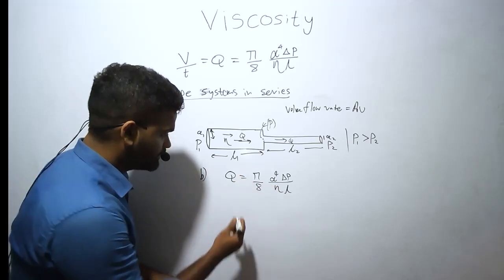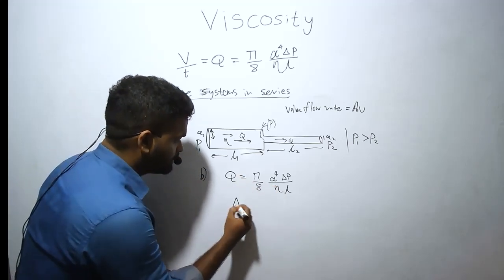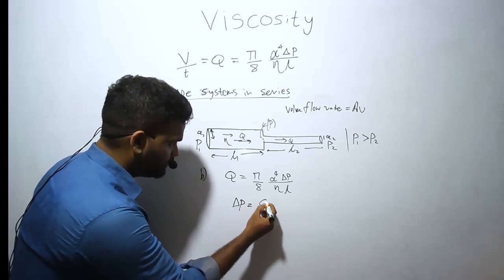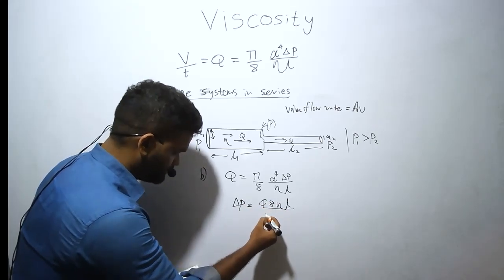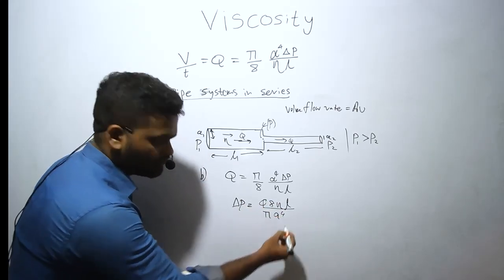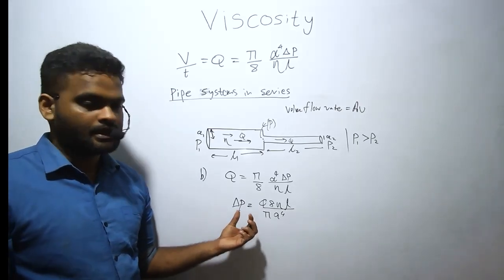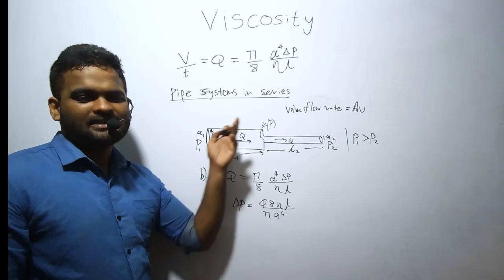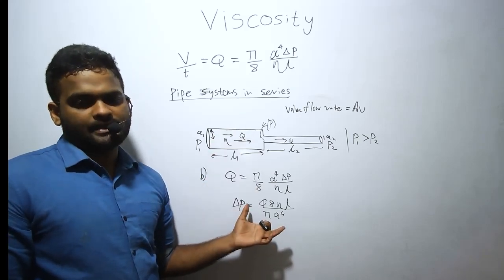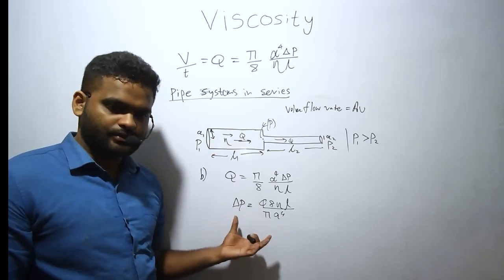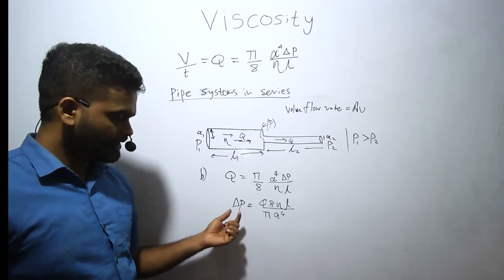So what do you get? Delta P equals Q 8 eta L divided by pi A to the power 4. So this is delta P, right? If you follow other methods, the question is going to get complicated, so this is the easiest way to do this. That's why I'm giving you this.